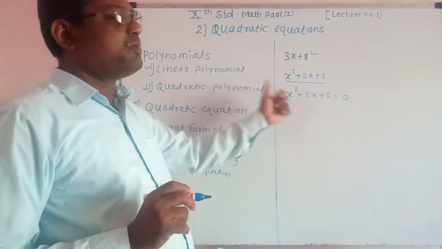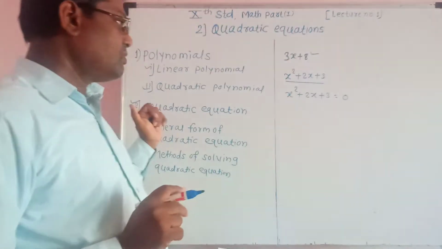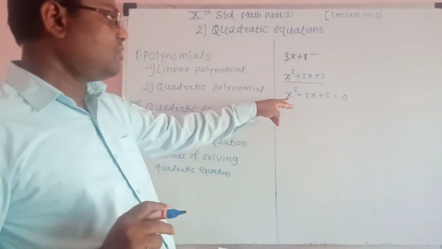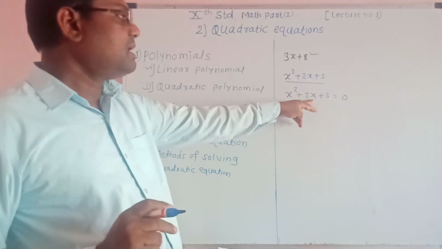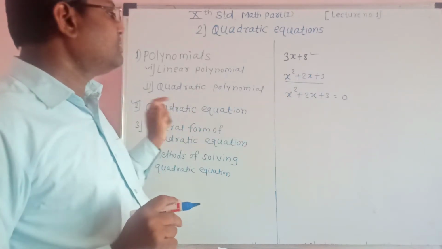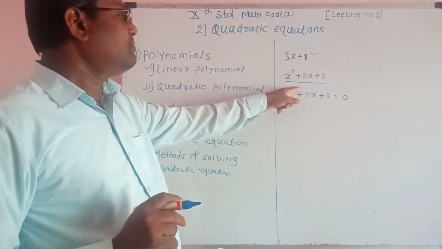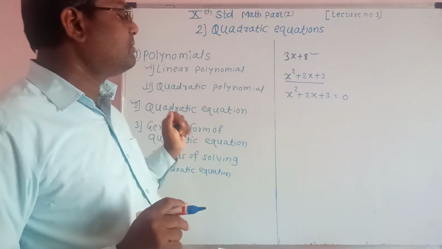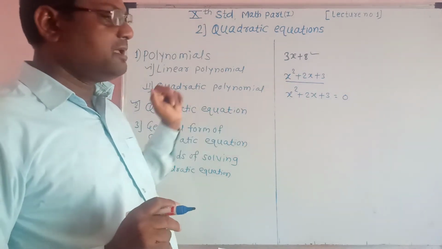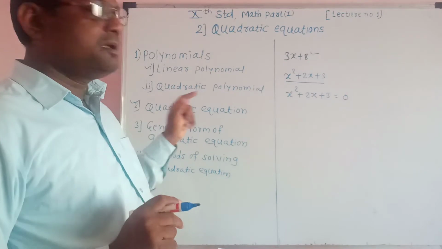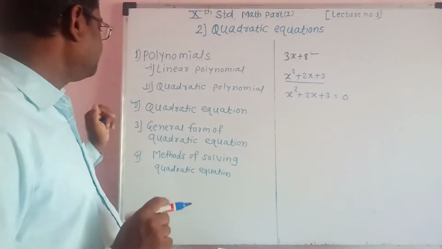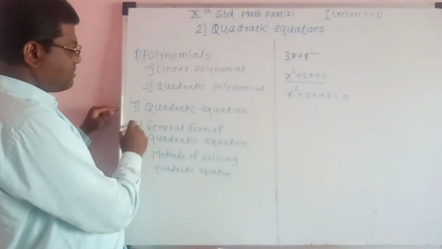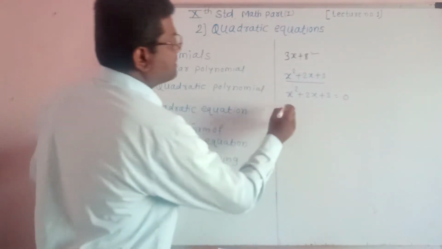So what is meant by quadratic equation? An equation involving one variable and 2 as the maximum index of the variable is called a quadratic equation.